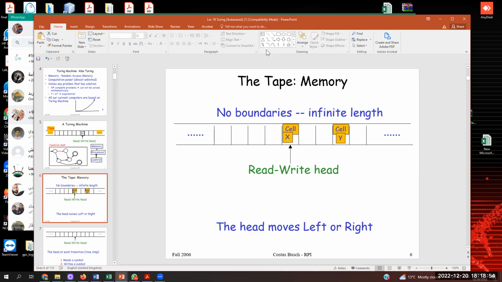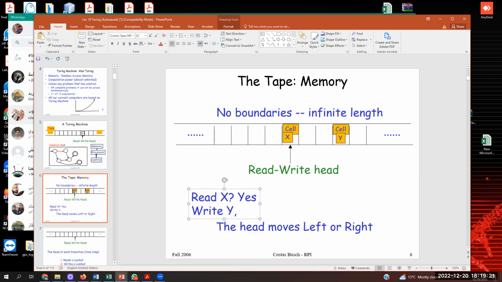So I can read X. I got my X, and then after that I say write Y instead of X. So I take this X out, and I write Y. And once I do that, I can say move the head to the right or to the left after I do the write. So these are my operations.